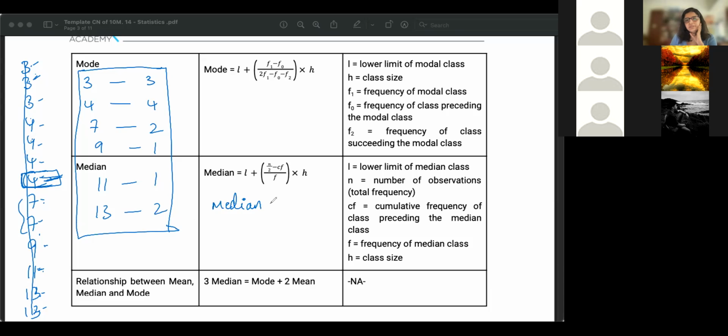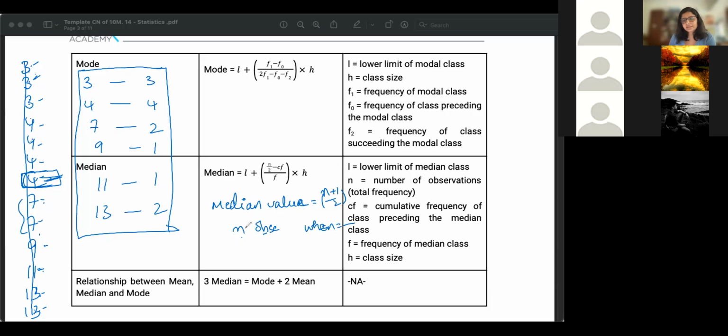What is the median value ka formula when you're given n values? If there are n observations, तो median value कौन सा है? n plus 1 by 2. N plus 1 by 2 when n is odd or even, like you have that thing, right?